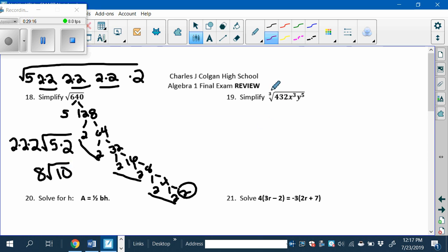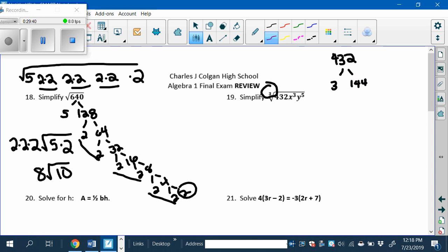All right, now I'm doing a cube root here, so I'm looking for sets of 3. So the first thing I'm going to do is, again, do my prime factorization. So I know that 432 is divisible by 3. So that's 3 times 144.